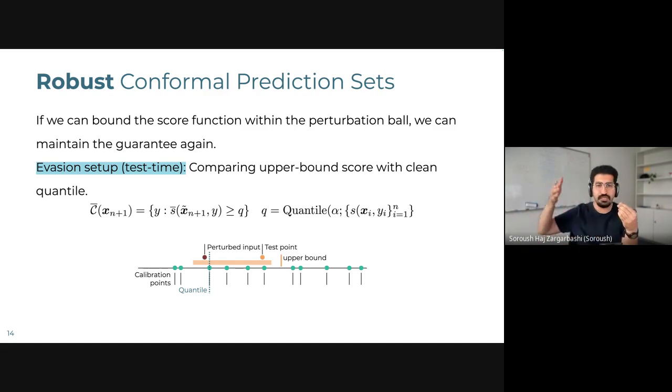For each of these labels, I use the upper bound. But I know that for the correct label, if it was on the acceptance side, the upper bound on that label is also above the acceptance threshold, because it's more than even the test point's score for that label. So with that, I can guarantee that this upper bound still results in a higher than 1 minus alpha coverage.